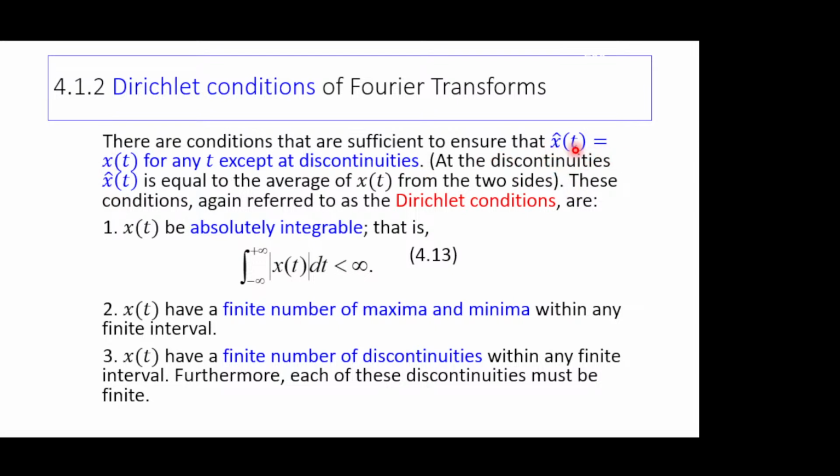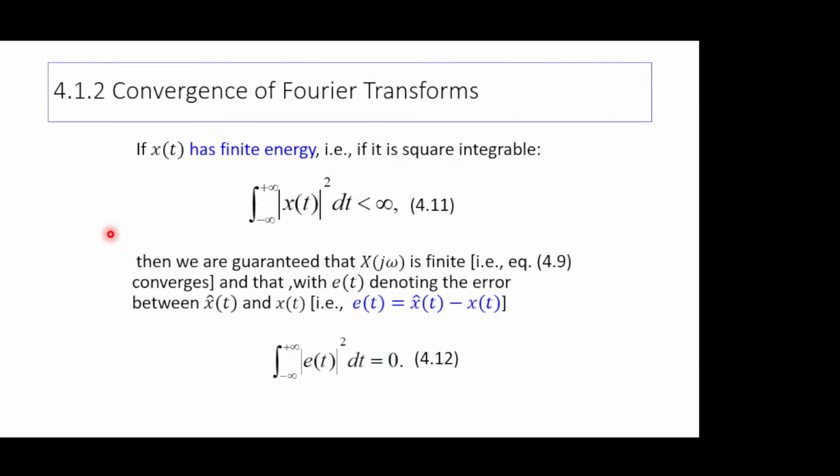So we say that x hat of t equals x of t at any t except at discontinuity. And there will also be the Gibbs phenomenon issue, but let's also ignore that. We have seen that. So at every t, now there is no k going to infinity convergence.